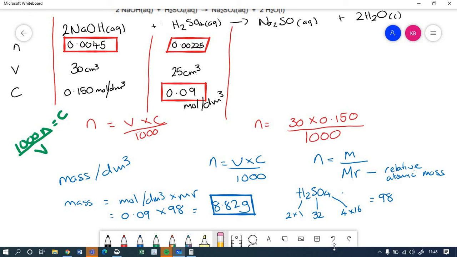Yes, it can be crystallised, so you'd dissolve it in, you'd stir it, and once it's all fully dissolved, you'd then have a solution that was 0.09 moles per decimetre cubed.